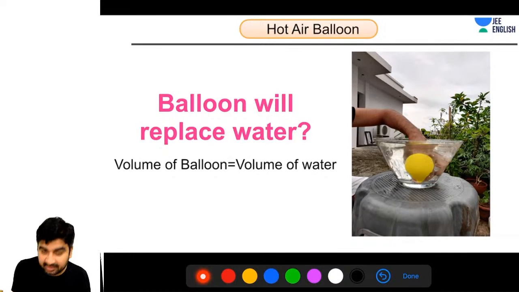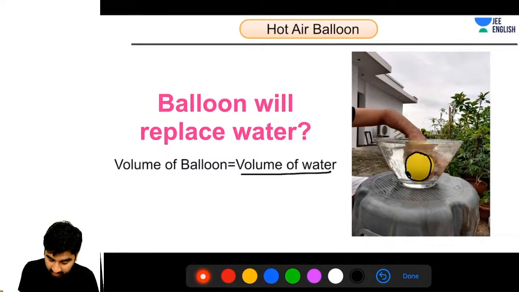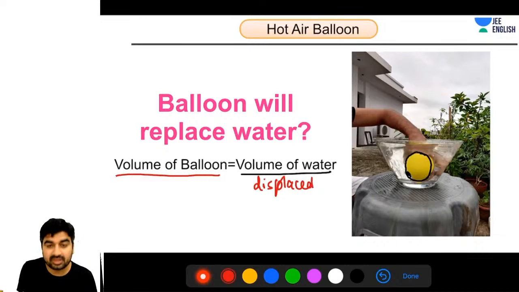In this diagram, you can see this is the volume of the balloon, and initially here was water, so this balloon has displaced that volume of water. Now I can say the volume of balloon is equal to the volume of water displaced. Both have the same volume.